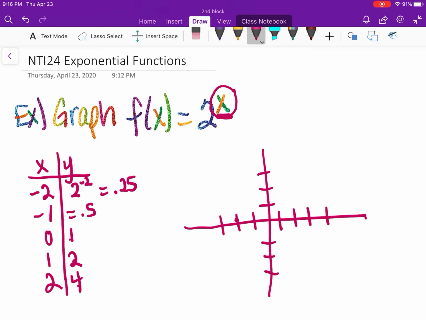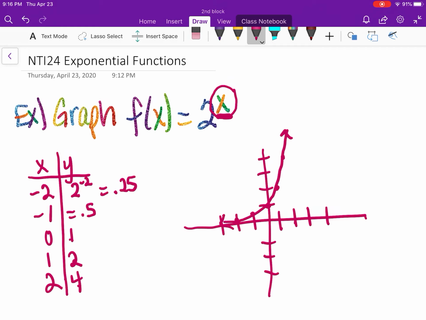So there's -2, 0.25 is about right there. -1, 1/2 is about here. 0, 1, 1, 2, and then 2, 4. And so an exponential curve looks like this.